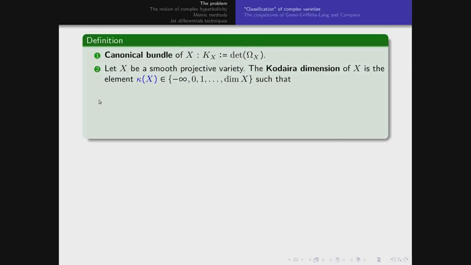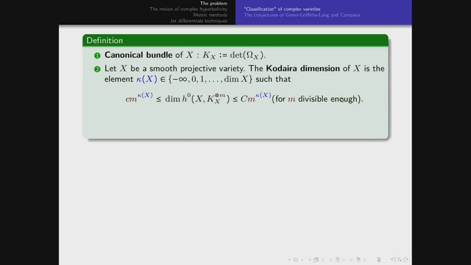It's the element such that if you compute the plurigenera of your manifold X, so the dimension of the sections of the powers of the canonical bundle, you have bounds from below and from above by a polynomial with degree the Kodaira dimension, at least when n is divisible enough.